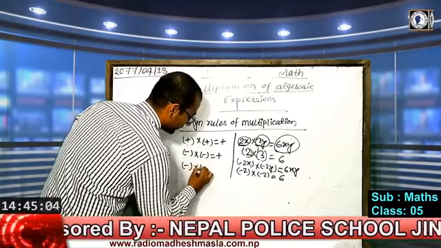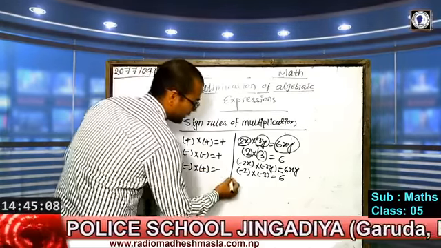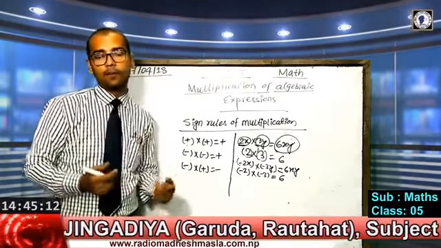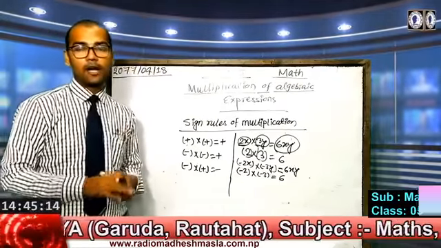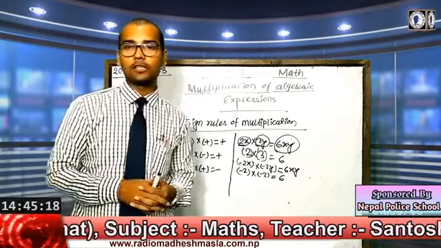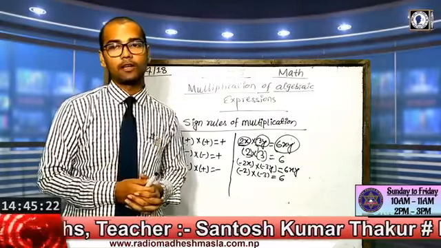In the same way, minus into plus is equal to minus. Yes, when a minus number is multiplied by a plus number, or a minus term is multiplied by a plus term, the answer would become negative or minus.